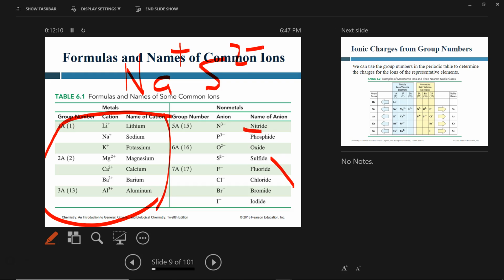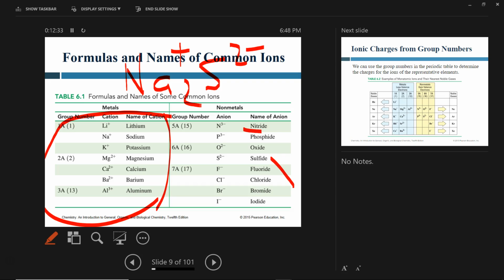How many sodiums do you need to make it neutral? Yes. So that's sodium sulfide. Sulfide. Oxygen, oxide. Chlorine, chloride, bromine, bromide, iodine, iodide.